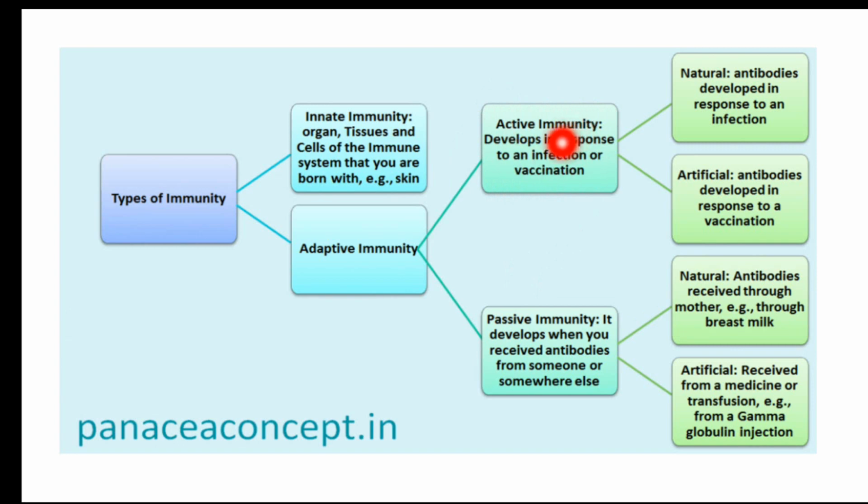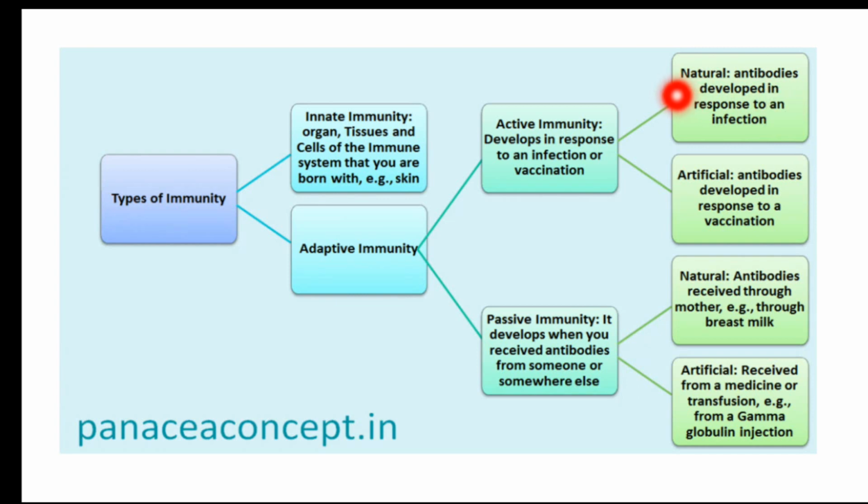Active and passive immunity. But in passive you don't have to work, in active you have to work a lot. How come? Active, when it comes to natural, then the person develops antibodies in response to the infection. Means either the person has been ill, or the person has been invaded by the microbe, and that person is going to produce the antibodies.